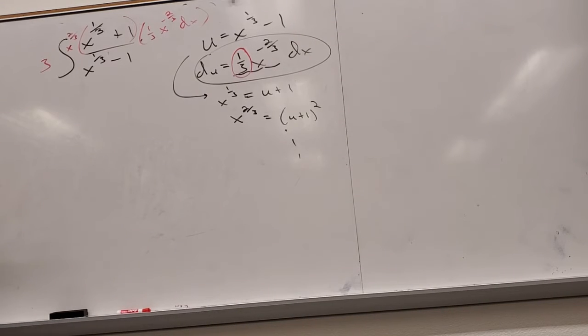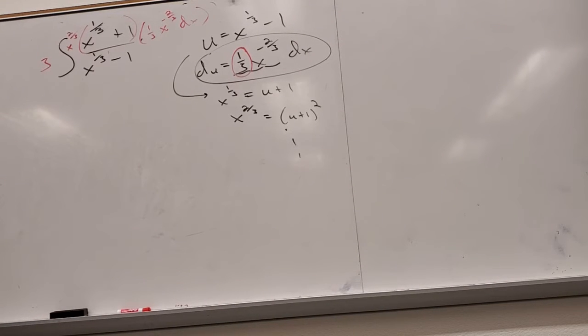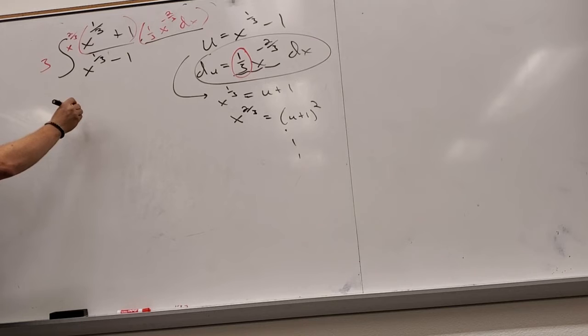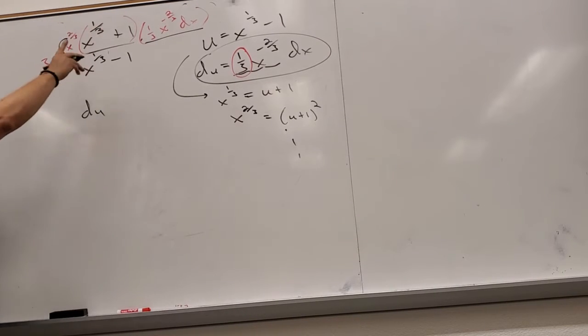Let me stop for a minute. This is new. We're not used to this. But with radicals, this often works because they're related to their own derivatives in ways that a lot of functions aren't. So watch what happens. I get 3 integral. This is du, yes? I'm going to sort of mix my x's and u's, which you shouldn't do, but too bad.